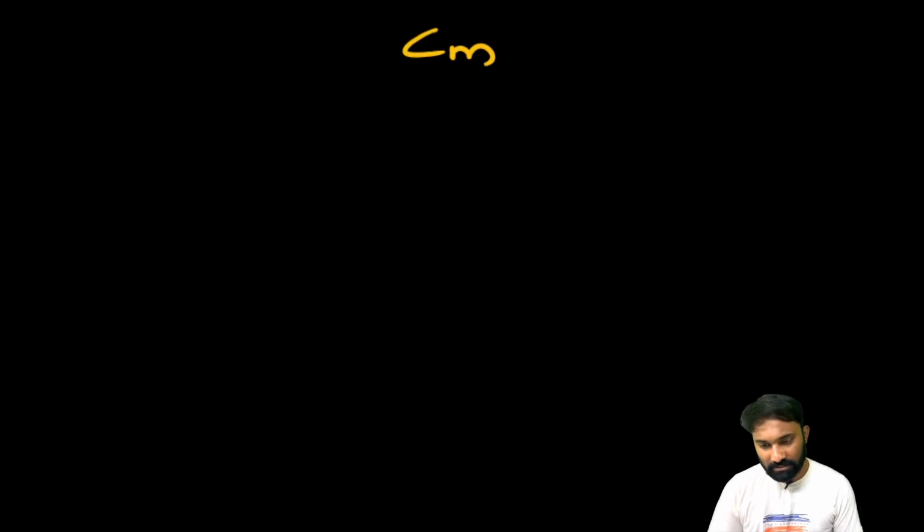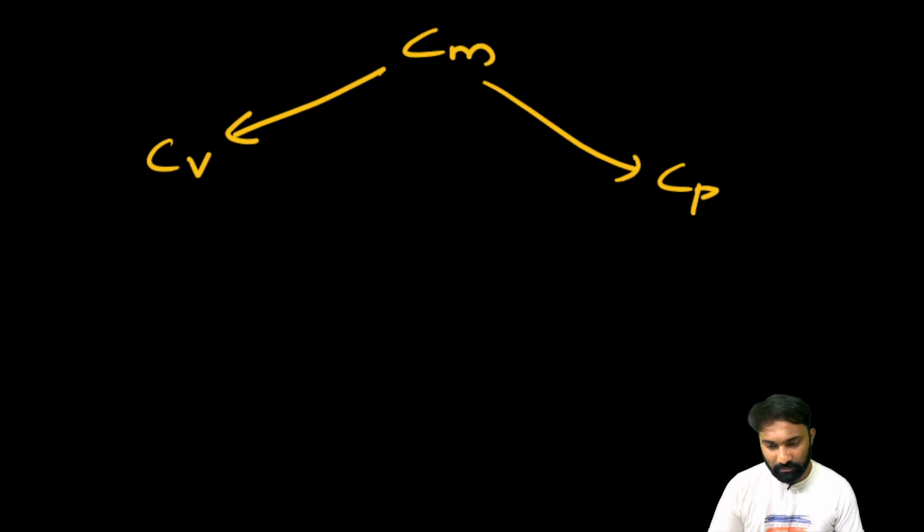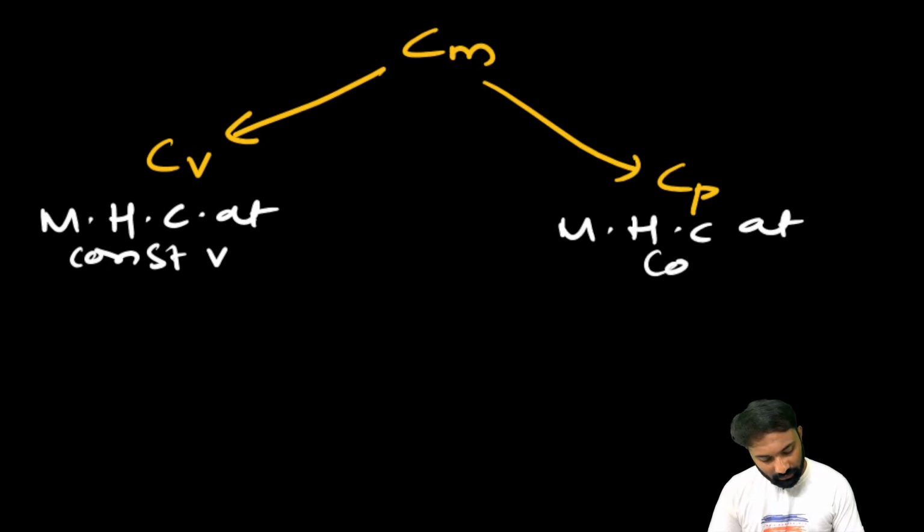Now, here molar heat capacities are of two types. One is CV and one is CP. What is the meaning of CV and what is the meaning of CP? CV means molar heat capacity at a constant volume. This is CP, means molar heat capacity at a constant pressure.